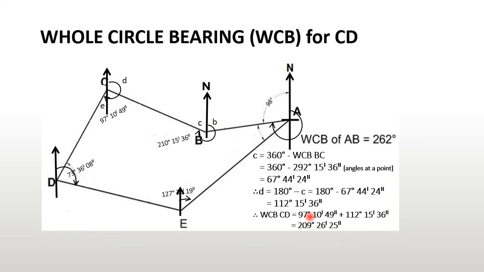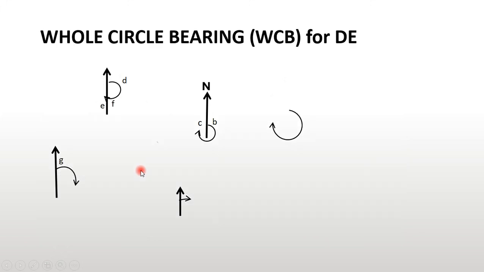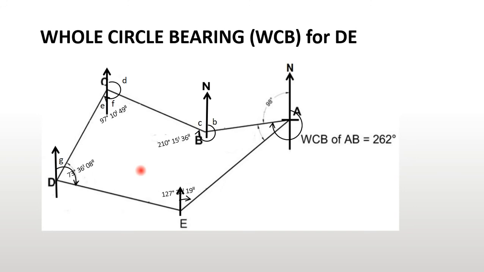Now we are going to work out next the whole circle bearing for the line DE. To determine the whole circle bearing for the line DE, it is going to be this angle G plus the internal angle of D. So to work out the value of D, we need to determine the value of E, because angle E and angle G are alternate angles.